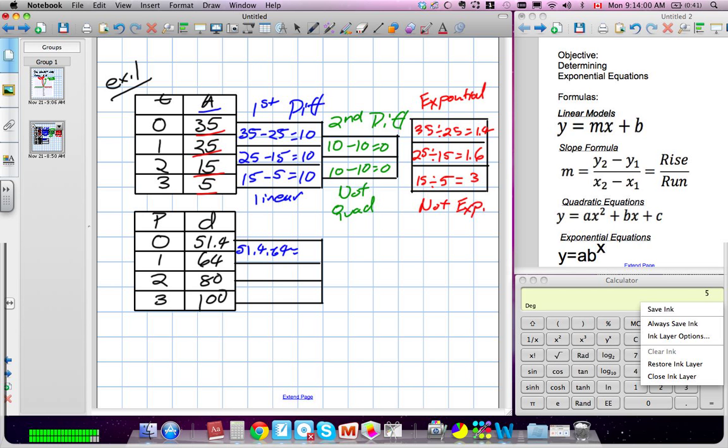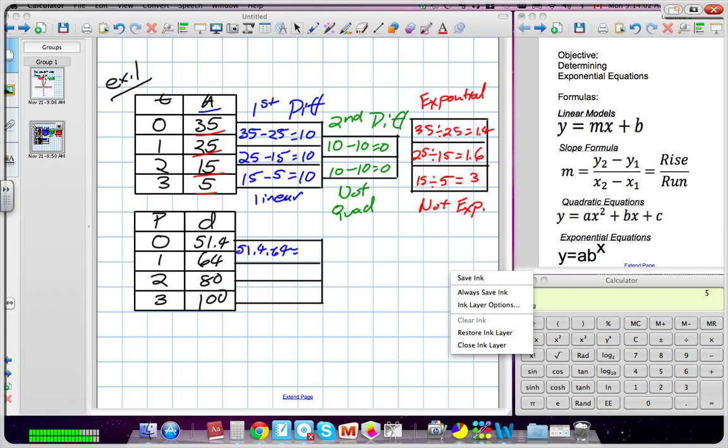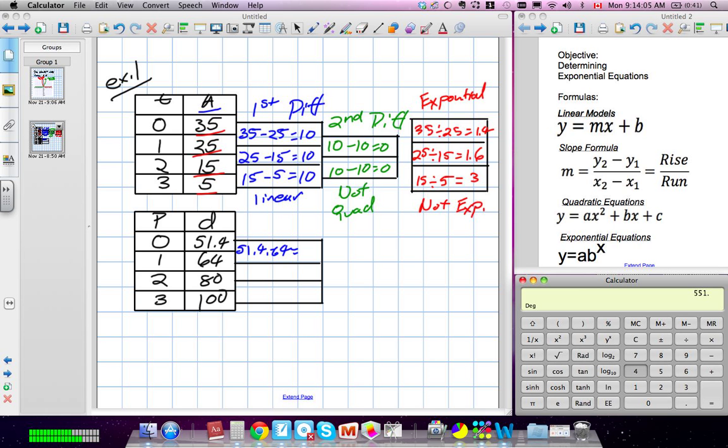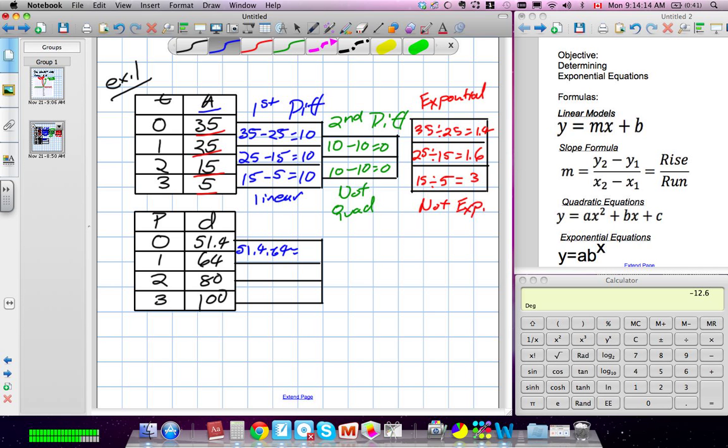Oh, geez. 51.4 subtract 64. Negative 12.6. 64 subtract 80. It's going to give us 16. And 100. Oh, sorry. 80 subtract 100.